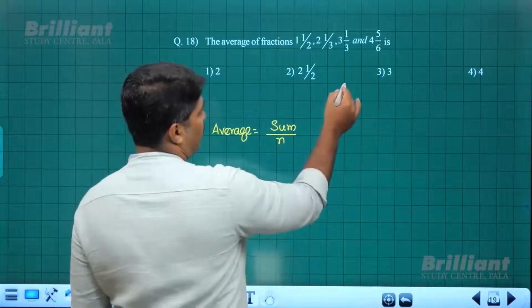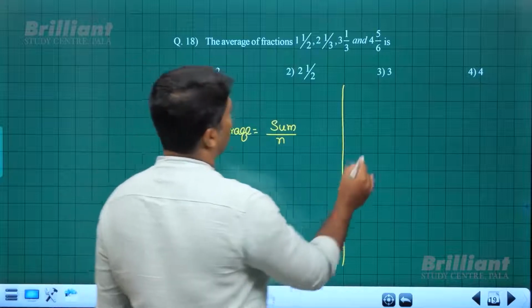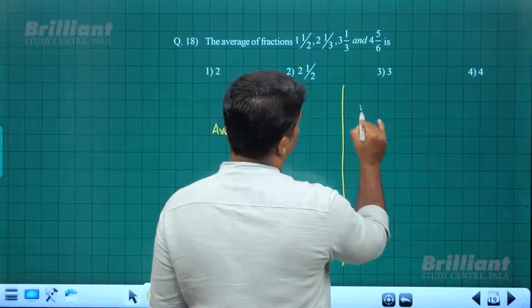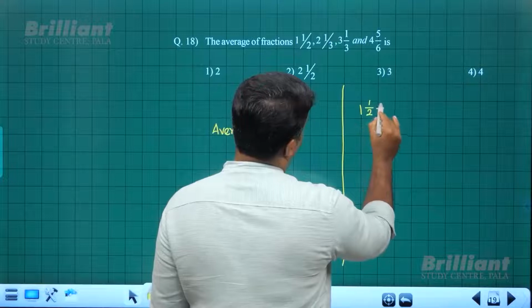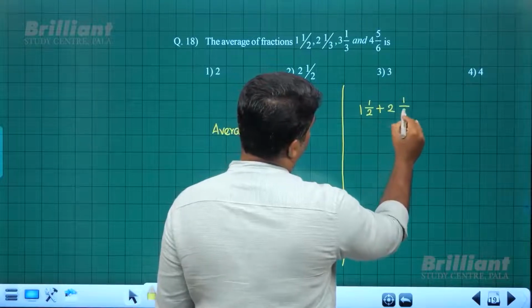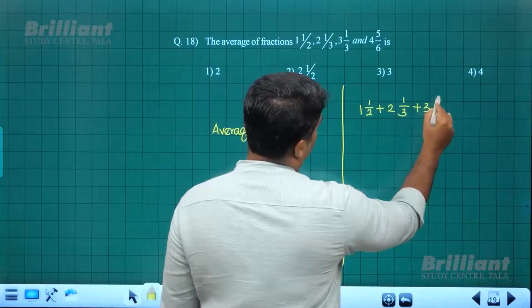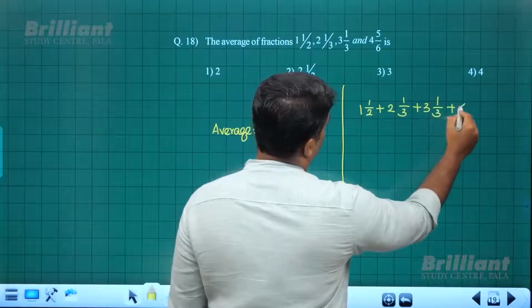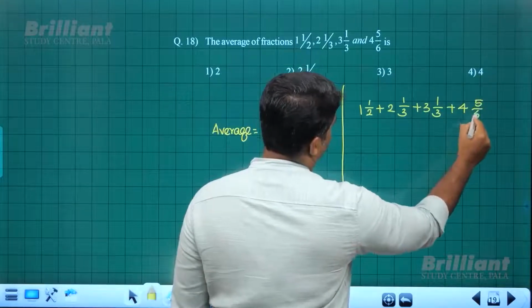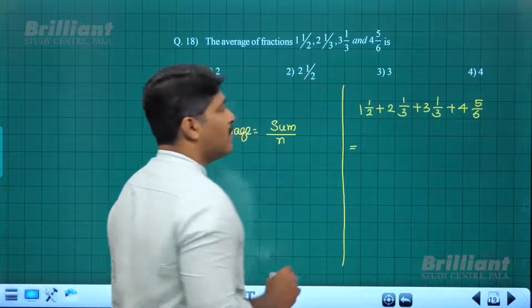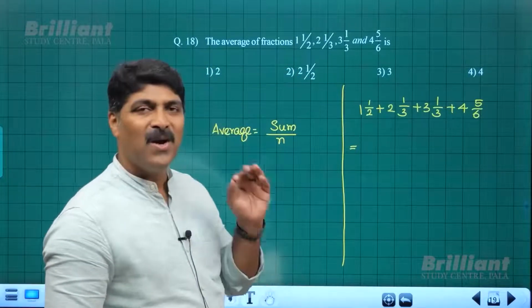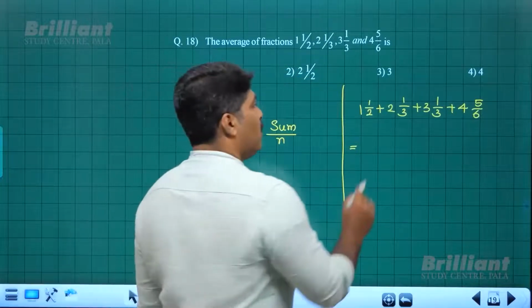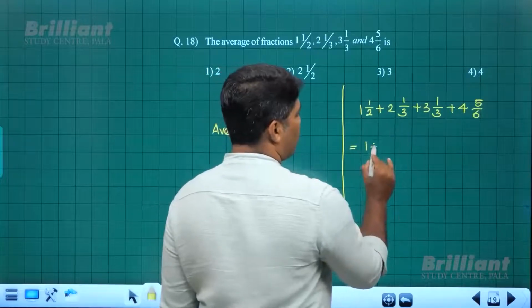So the sum of these values is 1 and 1 by 2 plus 2 and 1 by 3 plus 3 and 1 by 3 plus 4 and 5 by 6. While doing this type of mixed fractions, we can add all the integral portions together.